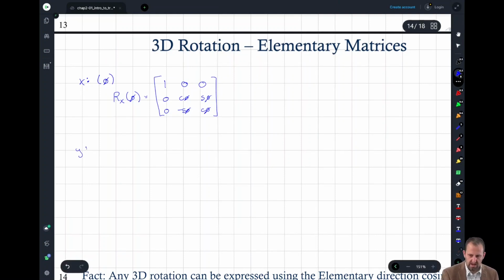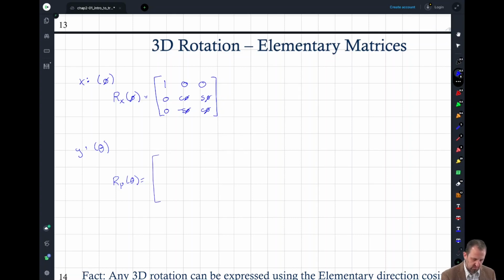And our y, we're going to parameterize in terms of theta. So we'll write our R of y in terms of theta is equal to, and you'll notice here we're going to develop a pattern. For the x rotation matrix, we had a 1 in the 1,1 component.